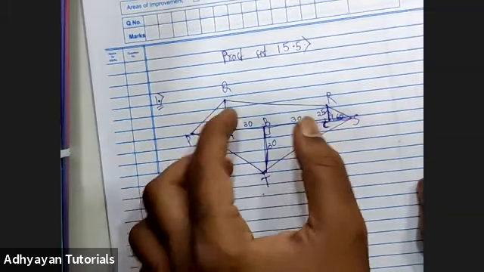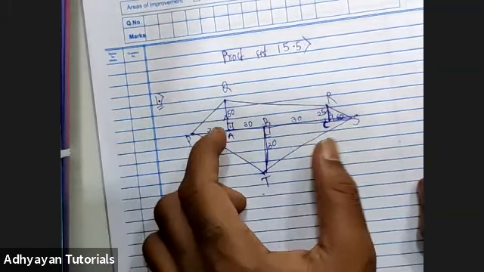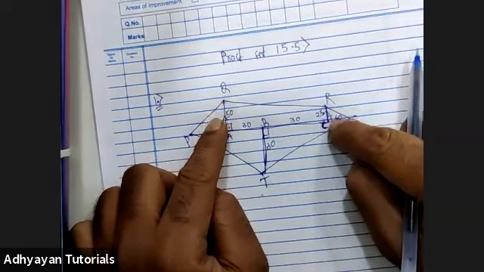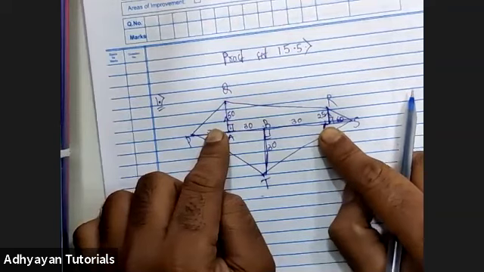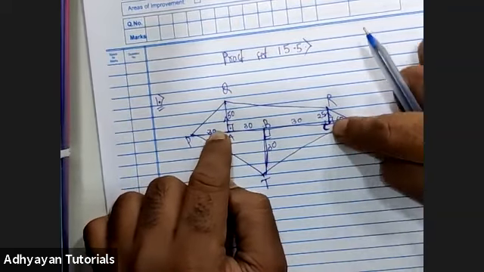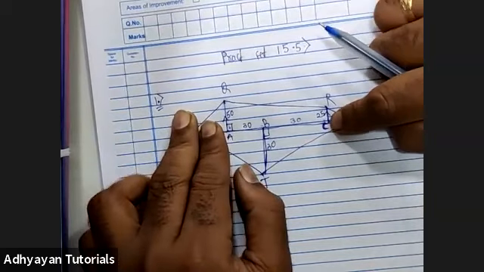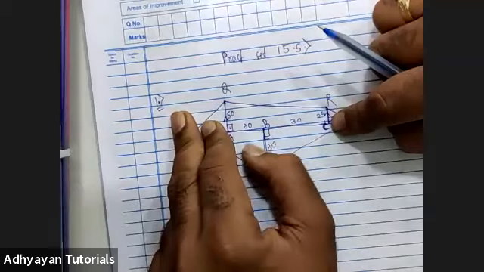Likewise, टॉकिंग अबाउट द ट्रेपेजियम, राइट? ट्रेपेजियम के बारे में जब हम बात करेंगे, तो दो पैरेलल लाइंस के बीच में जो परपेंडिकुलर डिस्टेंस होता है, दैट इज हाइट. So in order to find height, मतलब AC locate करने के लिए, I'll have to add up this 30 and this 30. ये दोनों 30s को add करना पड़ेगा, right?